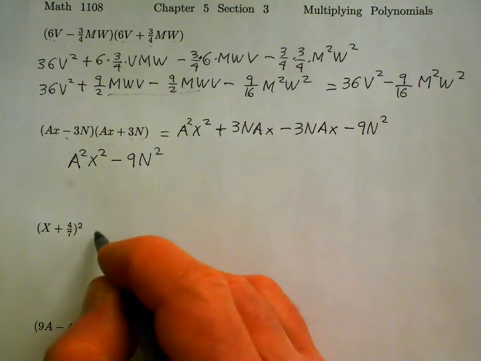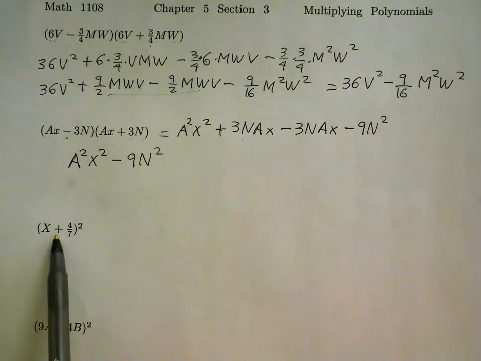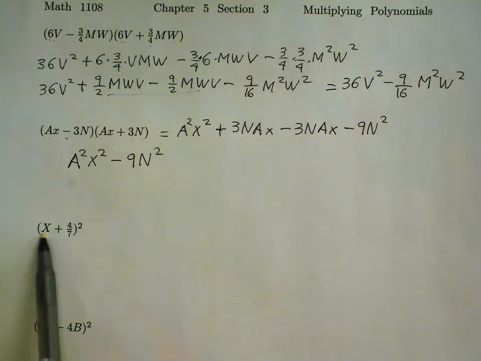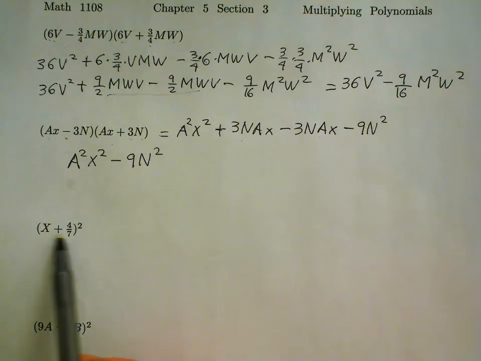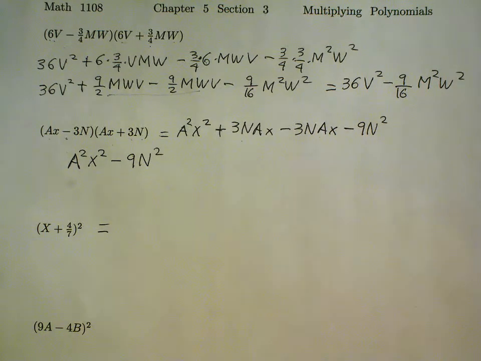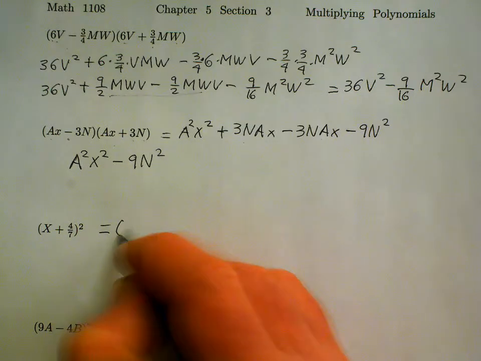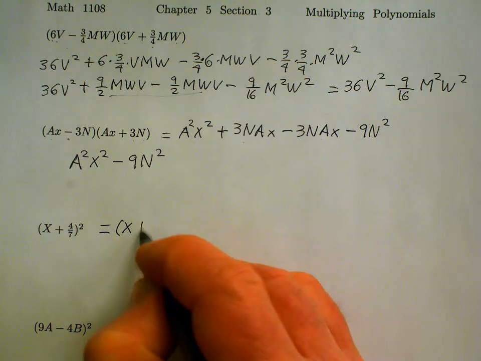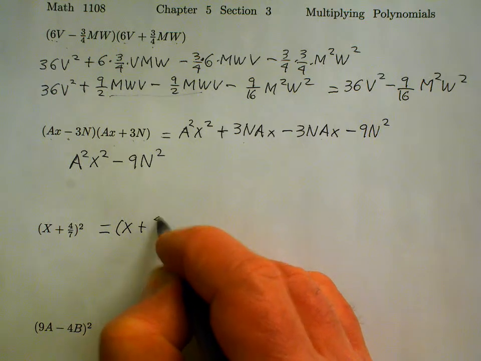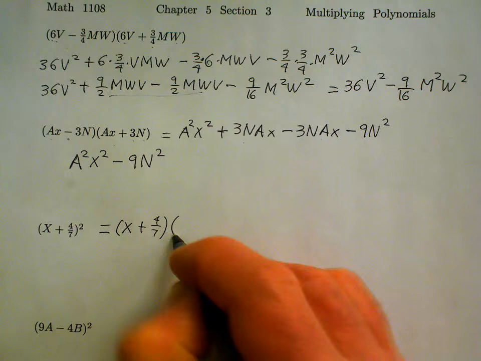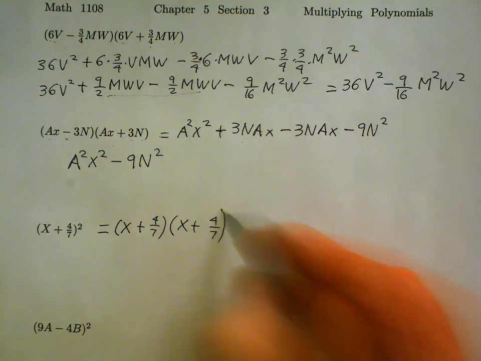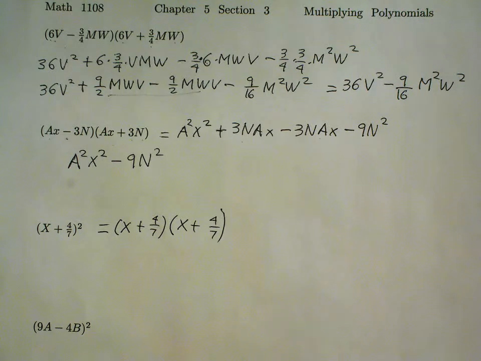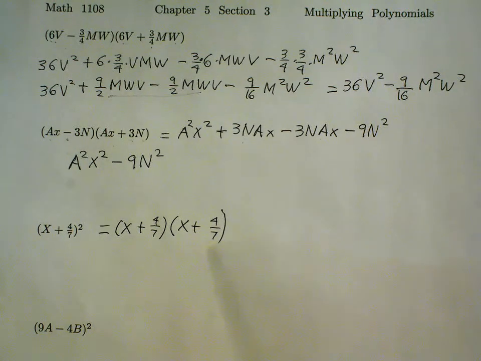Well, inside the parentheses, we're adding 2 terms, and we're squaring the binomial. When you square something, it means to multiply that something by itself. So we can write this as x plus 4/7 times x plus 4/7. And then we just multiply the 2 binomials.